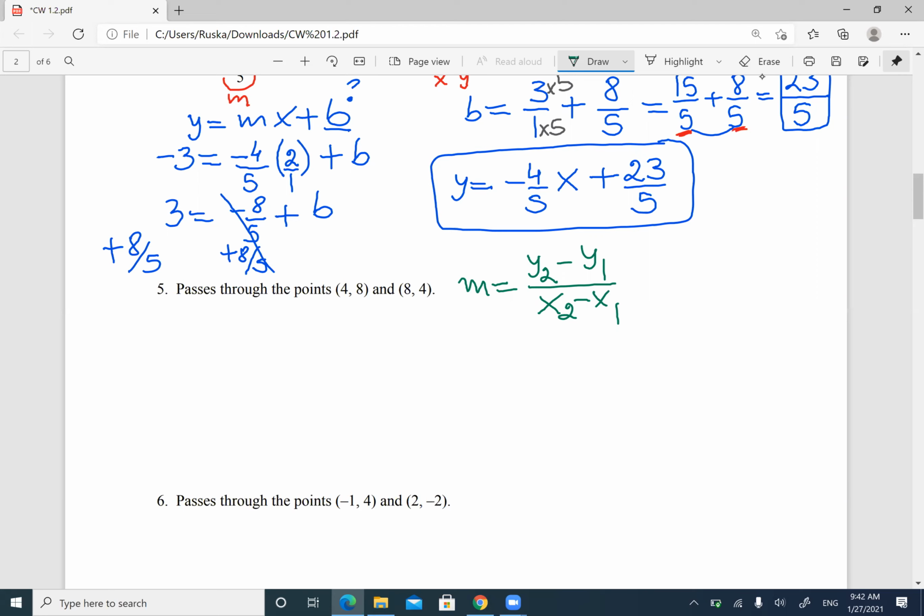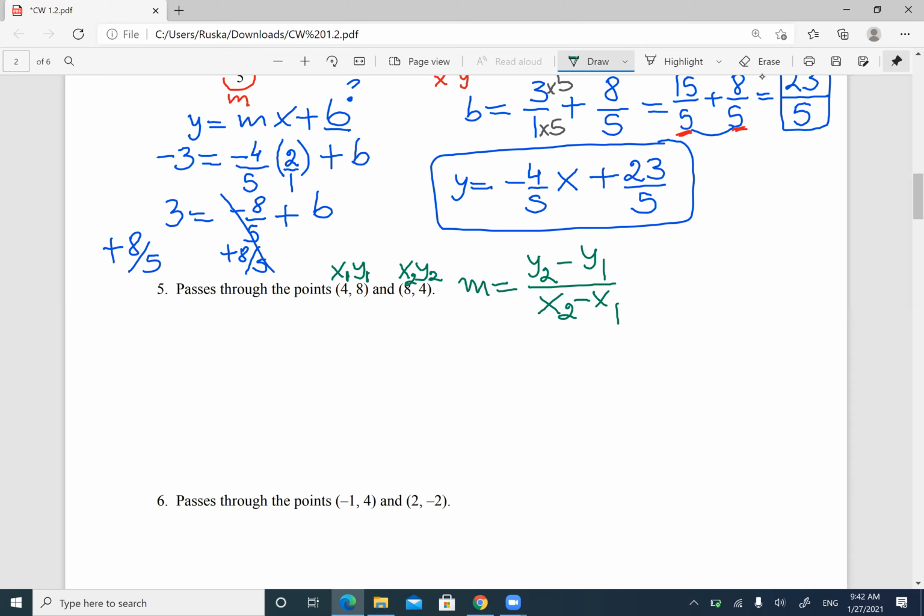So always the coordinates of points are x and y. And this is x and y also. But because there are 2 points, you're going to have 1 and 1 for the first point, 2 and 2 for the second point. Now, it doesn't matter which one you decide to be first, which one you decide to be second, the slope is going to be the same.